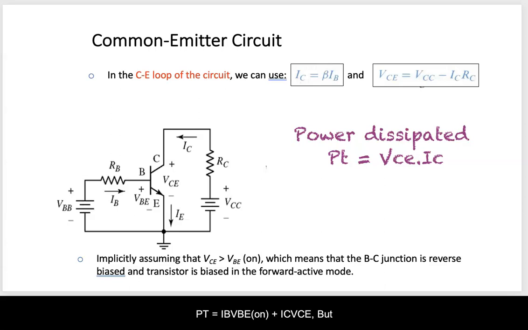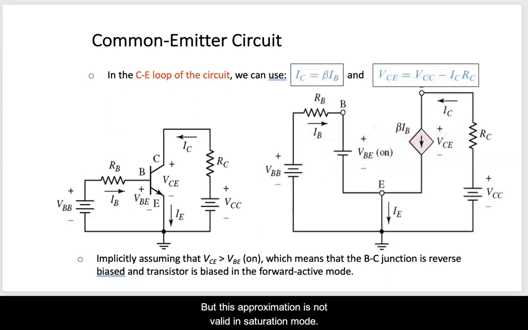But in most cases, we know that IC is very much greater than IB and VCE is very much greater than VBE on. Therefore, a good first approximation of the power dissipation is PT equal to IC times VCE. But this approximation is not valid in saturation mode.